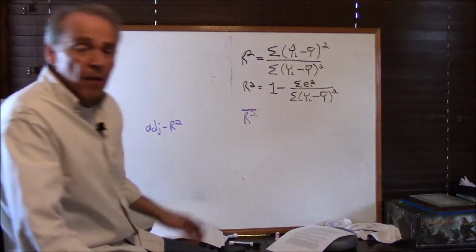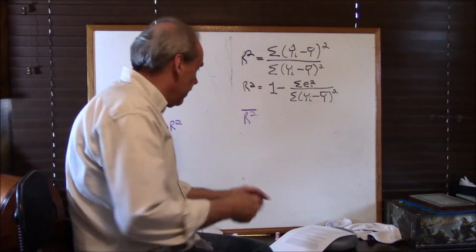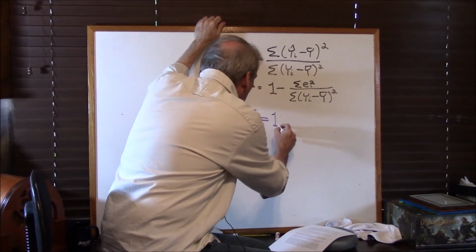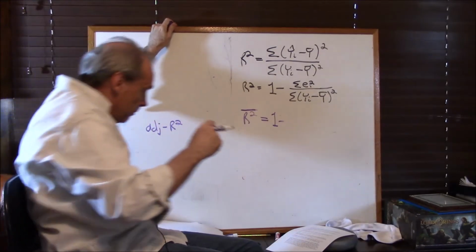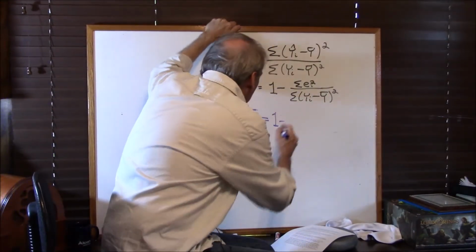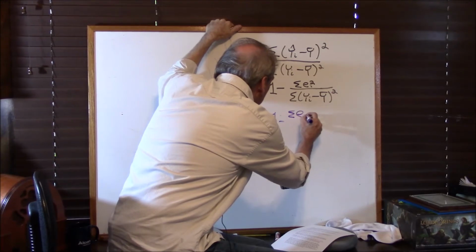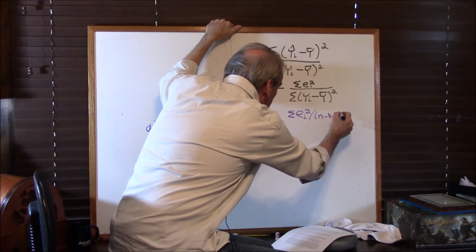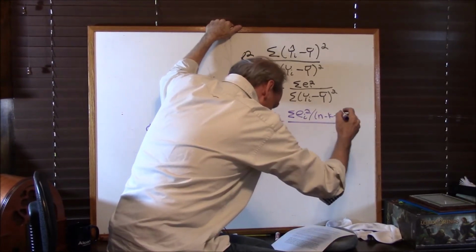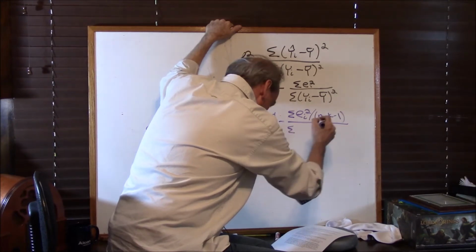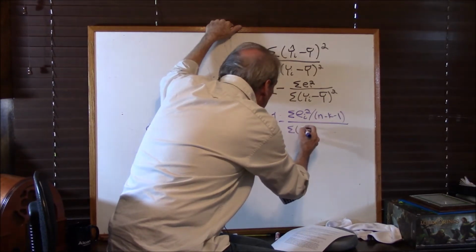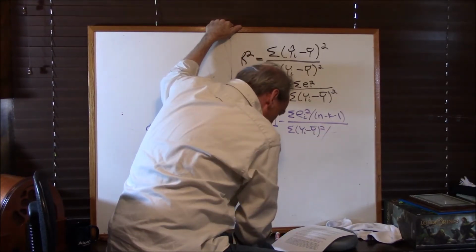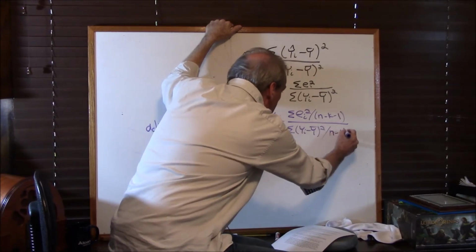All right, I'm going to give you the formula first. I'm going to explain the logic underlying it afterwards. Adjusted R squared is equal to 1 minus, just like it was before, but now it's going to be divided by the sum of y sub i minus y bar squared divided by n minus 1.